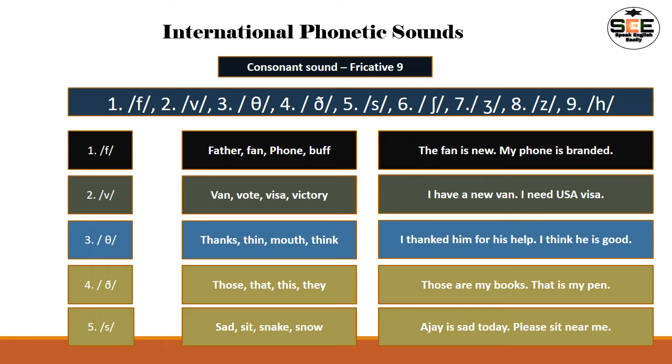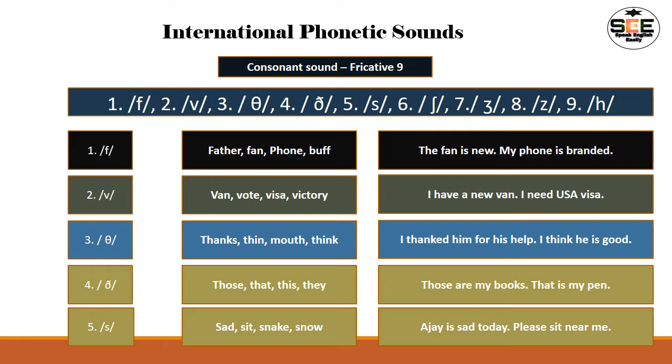Number 5, it is small s, so it produces the s sound. Number 6, it is symbolized like a snake, so it produces the sh sound. Number 7, it is like a 3, we can say, and it produces the zh sound.